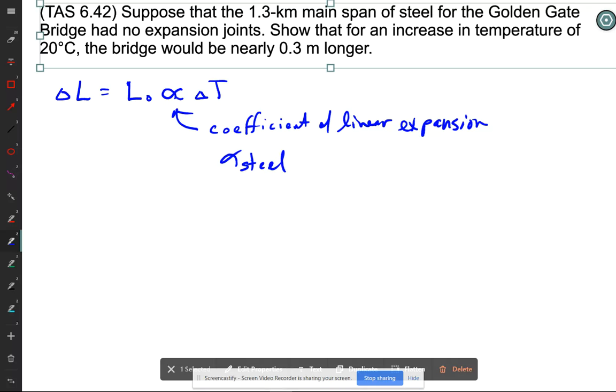Siri. I'm using this instead of my phone because I trust it more. What is the coefficient of linear? I couldn't find any matching places. What is the coefficient of thermal expansion for steel? Okay, I found this on the web for what is the coefficient of thermal expansion for steel.